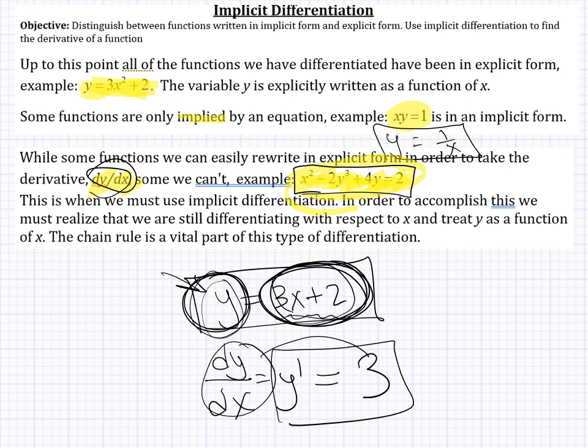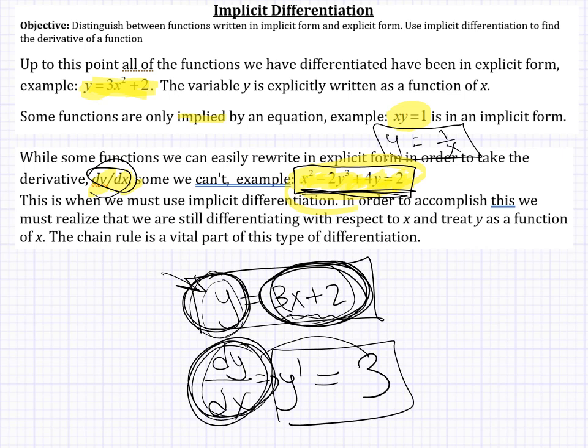So what we're going to have to do is learn how to do implicit differentiation, how to find dy dx for an implicit equation. Now, there's a couple of ways to go about this. In this video, I'm going to give you the most traditional way of doing this in a Calculus 1 course. There are some other ways to do that, and I will not cover that in this video.